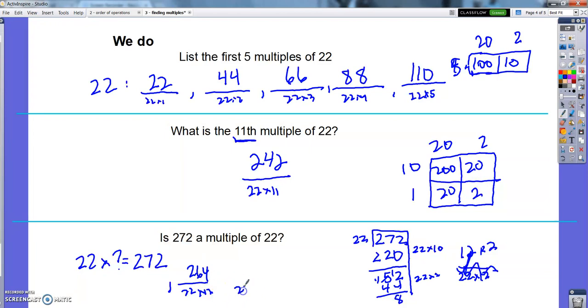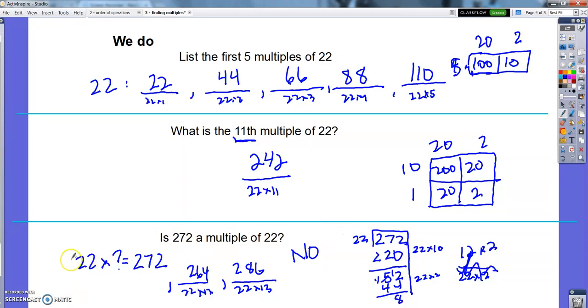And then 22 times 13 would have been 22 more, so it would have been 286, but I never would have gotten 272. 272 is in the middle. So 272 is not a multiple of 22.